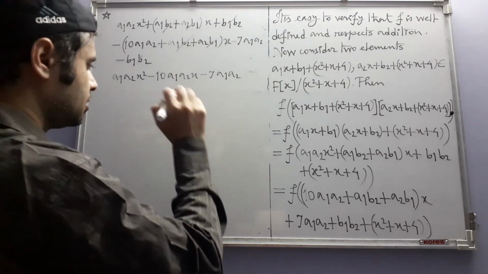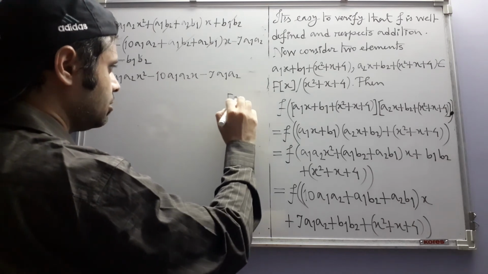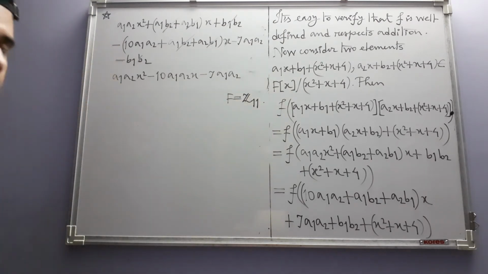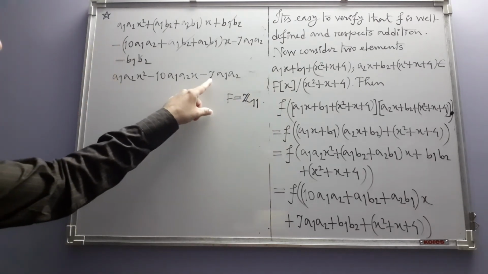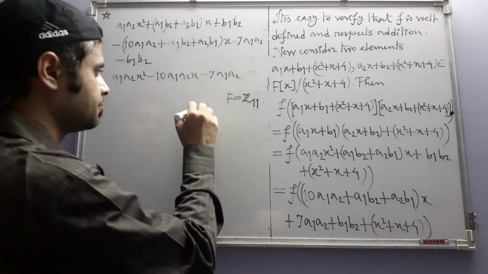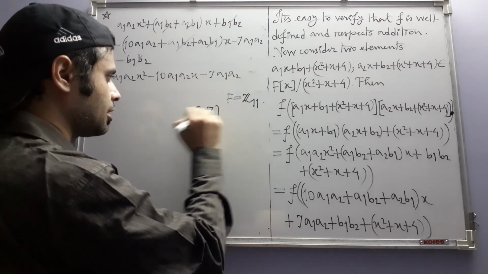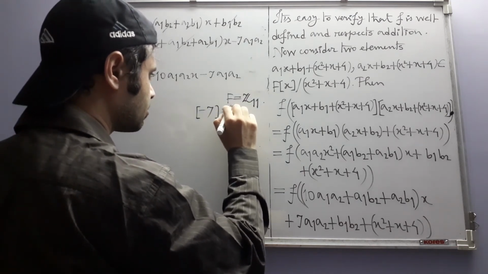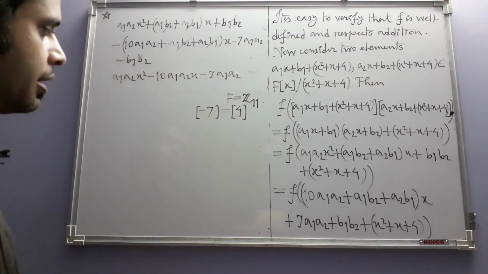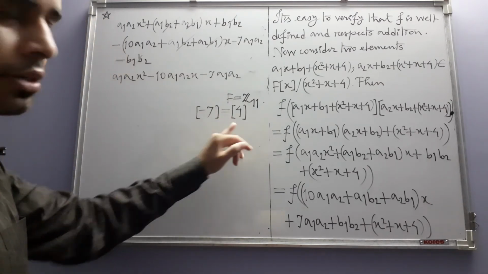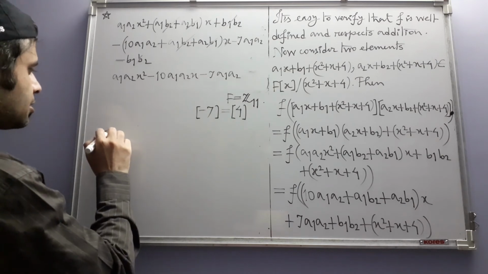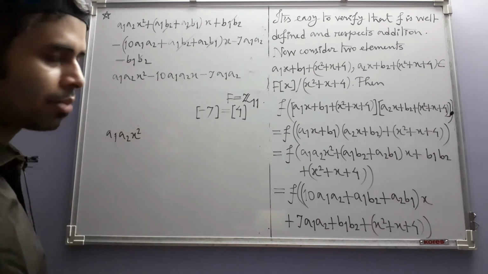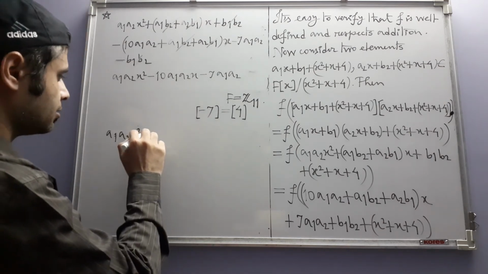Now keep in mind that our field is the field of integers modulo 11, where this minus 7 is actually the congruence class minus 7. So that is equal to the congruence class 4, because minus 7 is congruent to 4 modulo 11. So in place of minus 7 we can write 4. In place of minus 10 we can write 1.